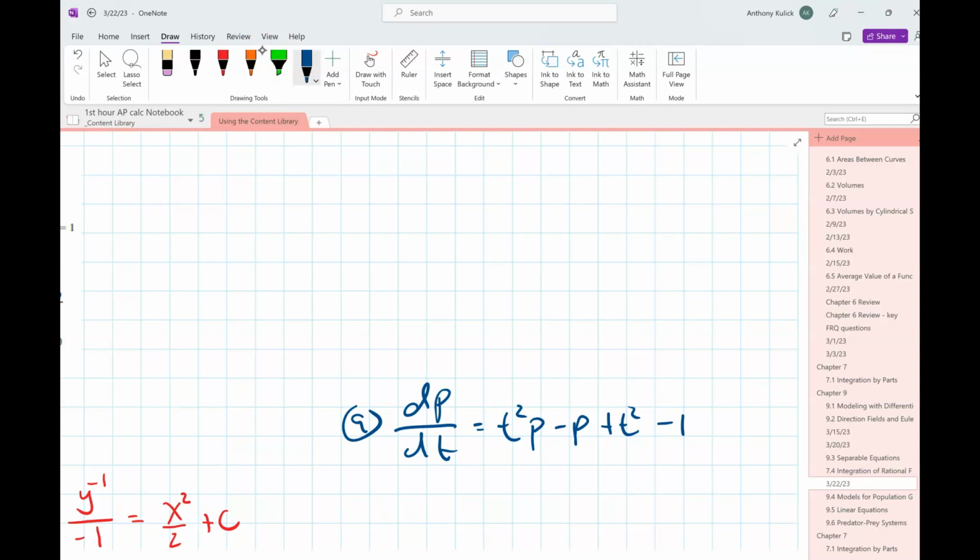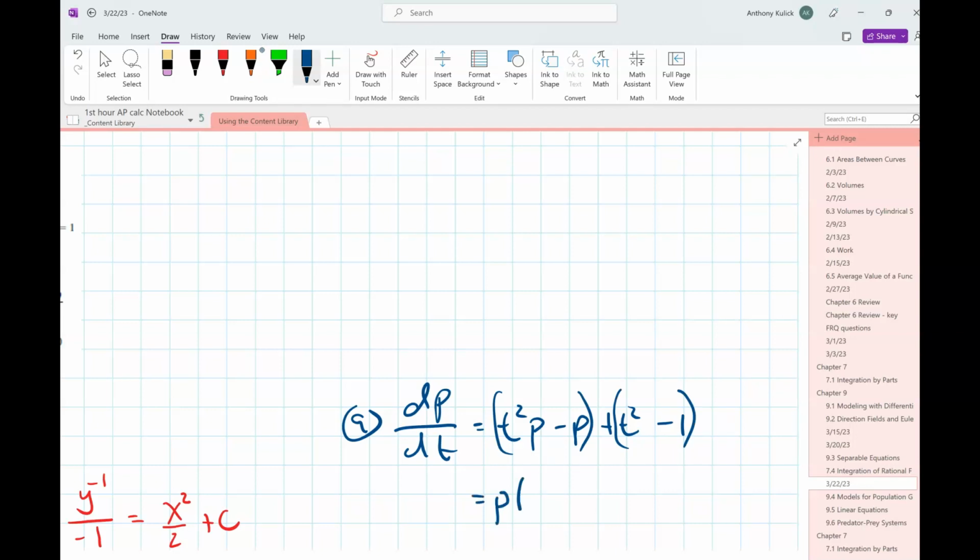I have 4 terms. That's right. So I'm going to try to factor this. What's the method that I would use to factor a 4-term polynomial? Grouping.